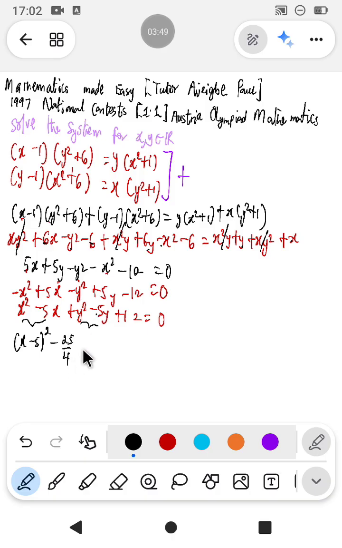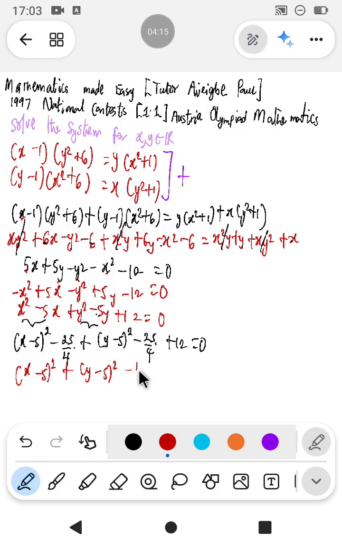Then for the y terms also, this will be plus y minus 5 over 2 to the second power, then minus 25 over 4, then plus 12, then everything equal to 0. So negative 25 over 4 minus 25 over 4 plus 12 is going to give us negative one half. So we have x minus 5 over 2 to the second power plus y minus 5 over 2 to the second power, then minus 1 over 2, then everything here equals 0.